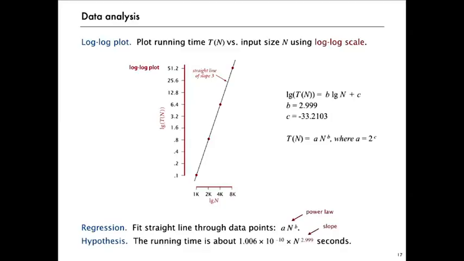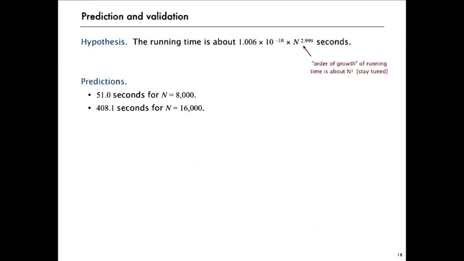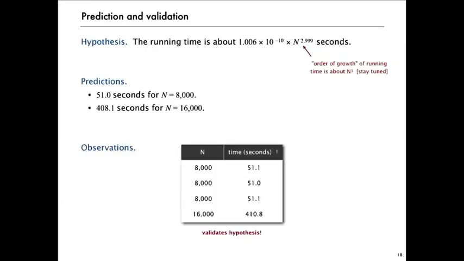We can do the math and figure out that it seems as though the running time is about 10 to the minus 10 times n cubed seconds. And we can use that hypothesis to go ahead and make predictions. Just plug in different values of n, and it says it ought to take us 400 seconds for 16,000.